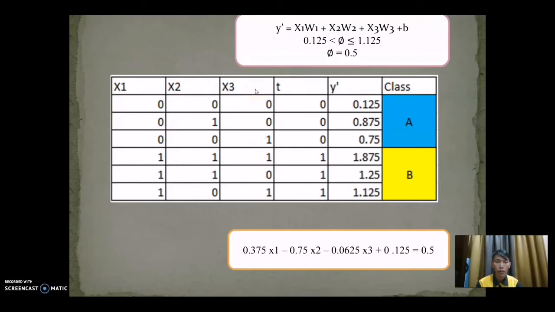After the table above, we will get this table.